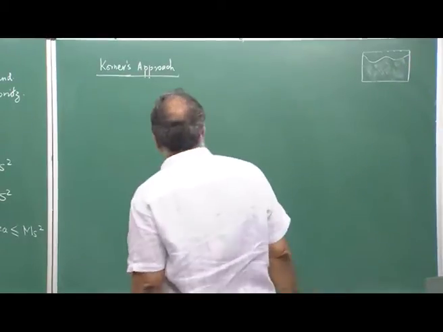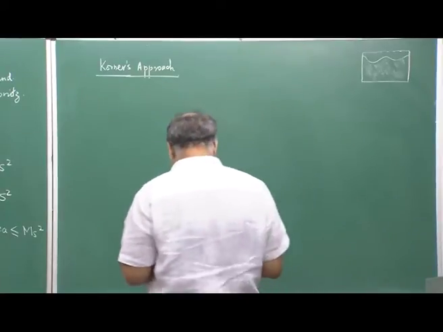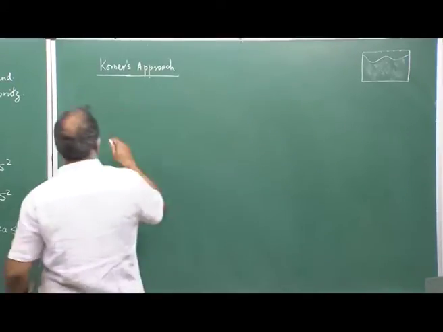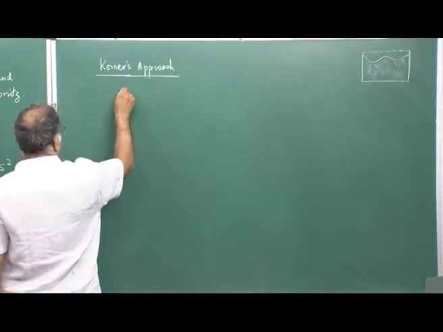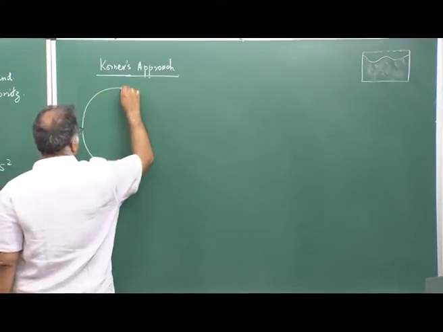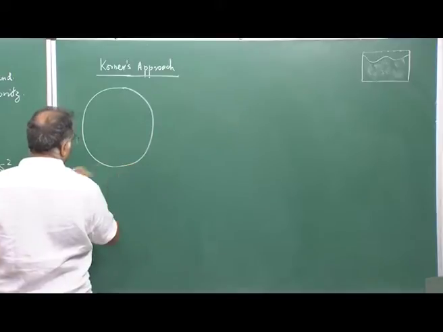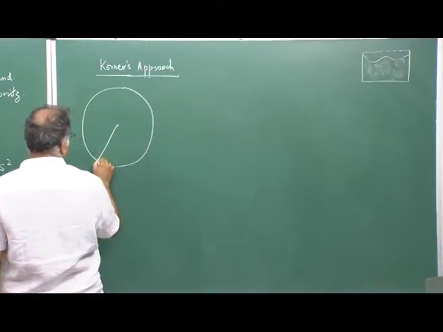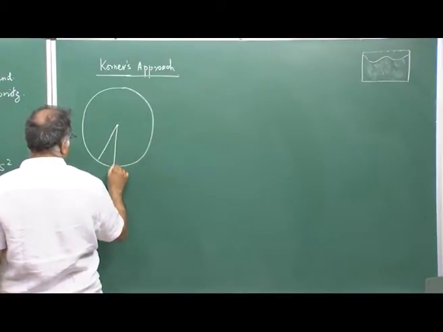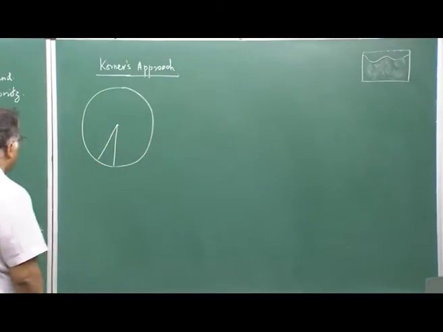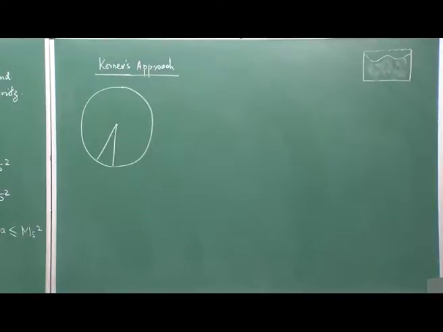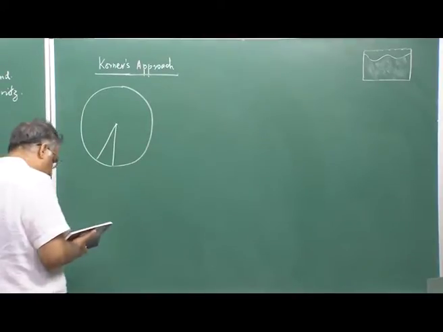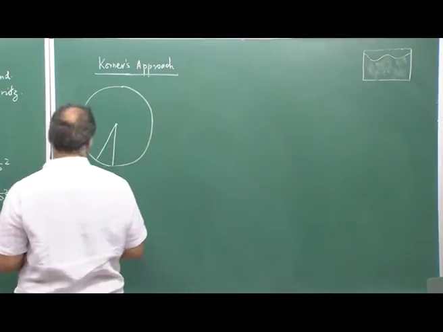Now, what is Corner's approach? Corner's approach for computing the area of the circle is that you take a circle. My drawings may not be all correct, beautiful looking, but this is say of some radius r, it doesn't matter, radius 1 also doesn't matter.